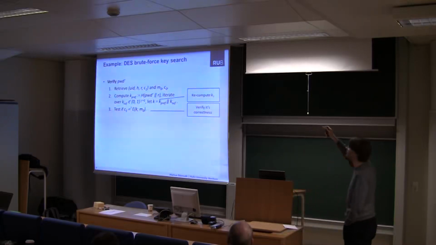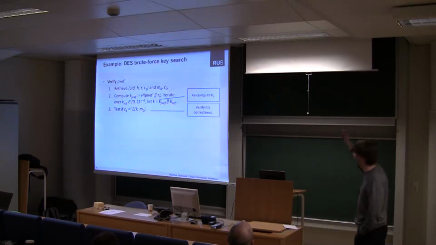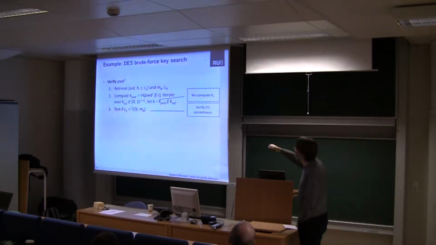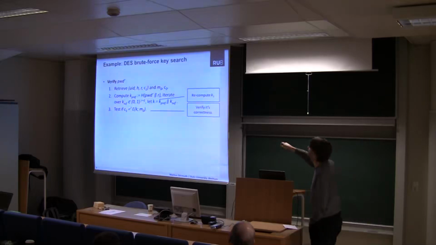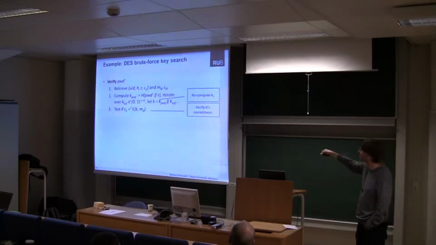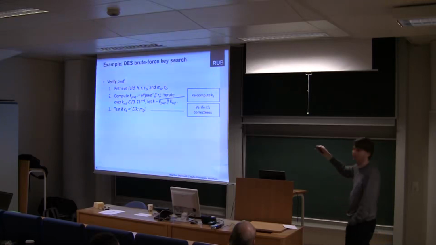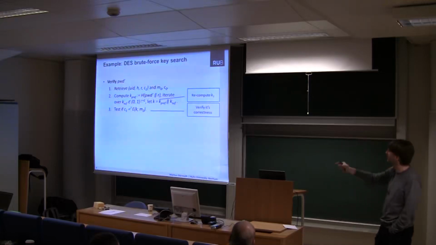If we have the correct password, then the prefix is the correct one. And then, iterating over all suffixes, eventually we will hit the right suffix. So eventually this K will be K1. So eventually we will have the right key.